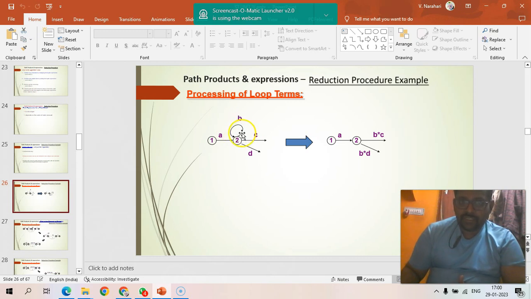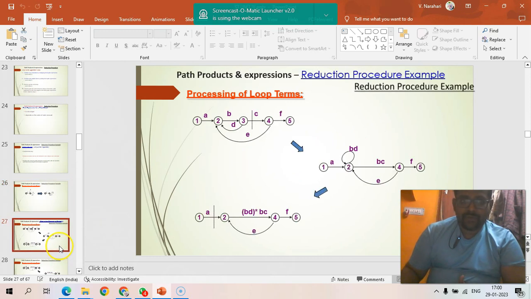This self loop will be removed by placing an asterisk on that particular link variable B. See here, B asterisk indicates that B is a self loop. This particular node passes through C and also through D. That's why, by removing the self loop, we mention B asterisk through C as well as through D.